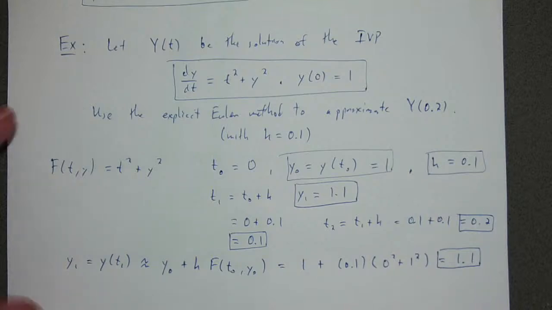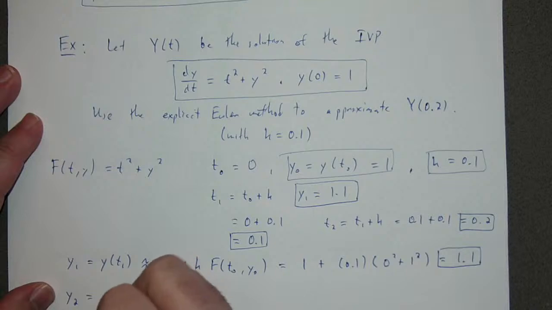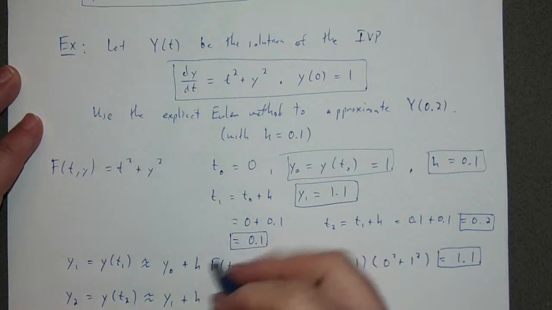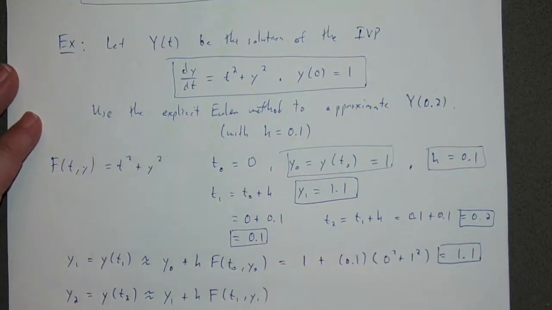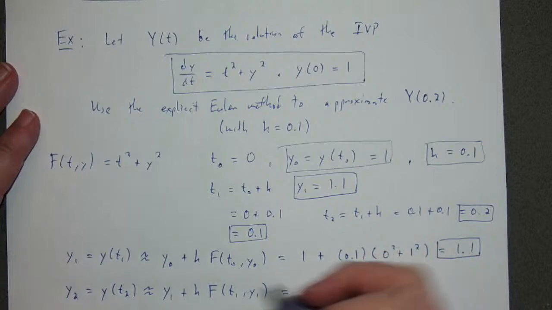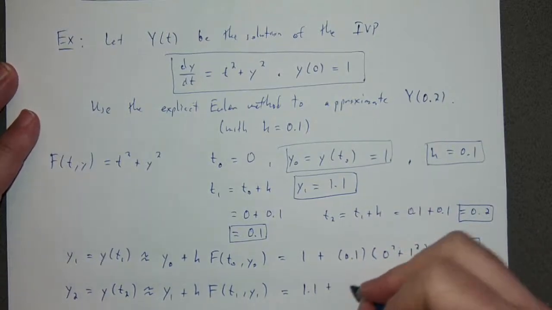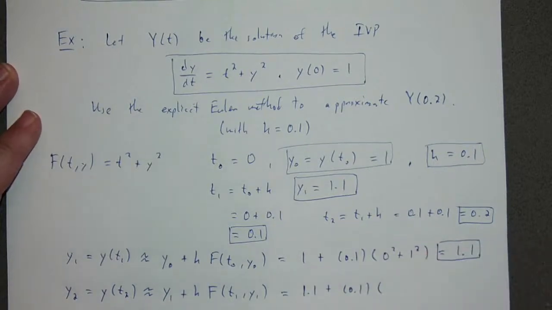All right, so then y sub 2, which is y of t sub 2, is approximately y sub 1 plus h times f of t sub 1, y sub 1. Y sub 1 we found to be 1.1, plus h, which is 0.1, times big F of t sub 1, y sub 1.